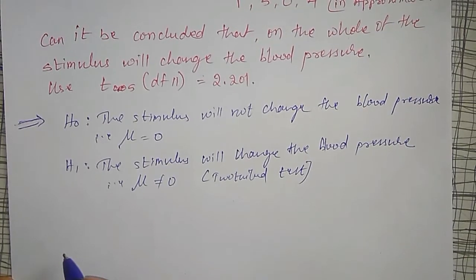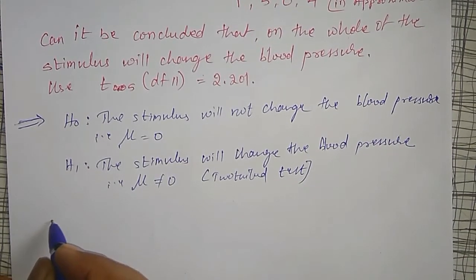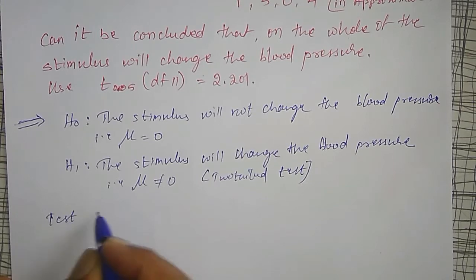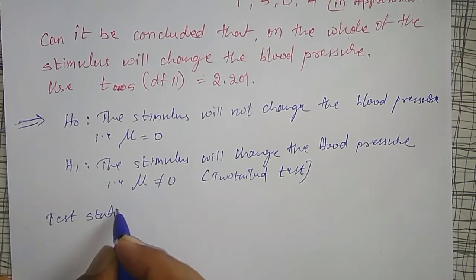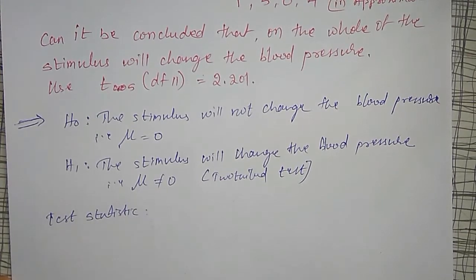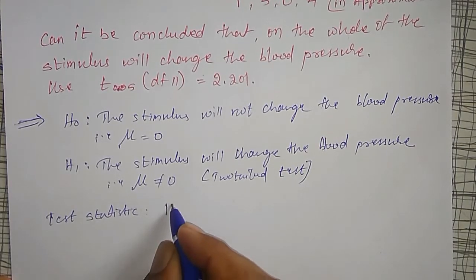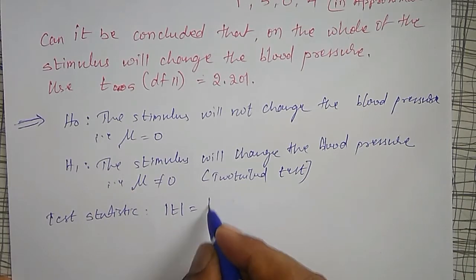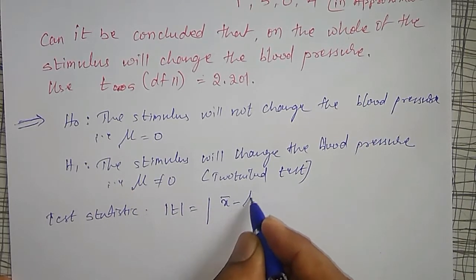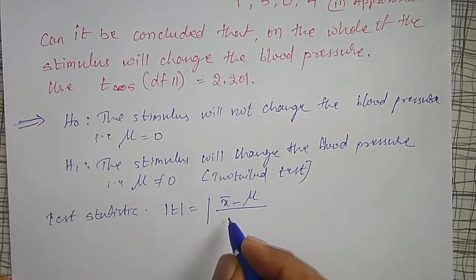Now, I have to find the test statistic. Test statistic is nothing but t is equal to, or modulus of t is equal to modulus of x bar minus mu divided by square root of s square divided by n.